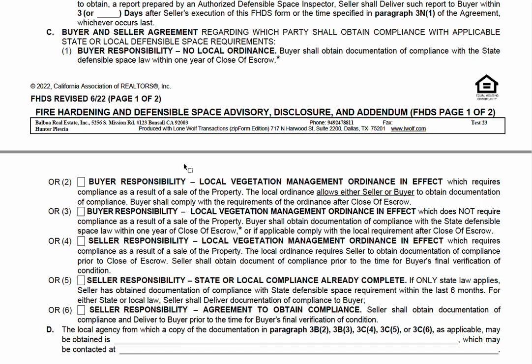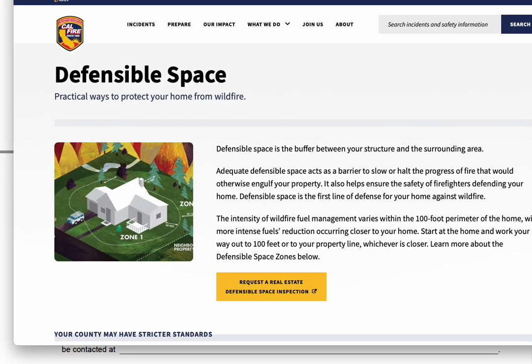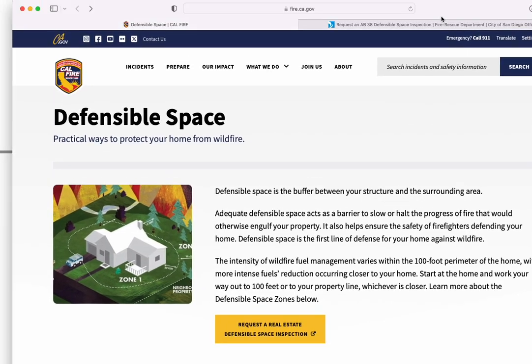The exception to this is when there is an ordinance in effect. Now, if you want, you can dig into it and look up if there's a local ordinance. And if you go to this website, let me pull it over here real quick. This Defensible Space website, this is fire.ca.gov.